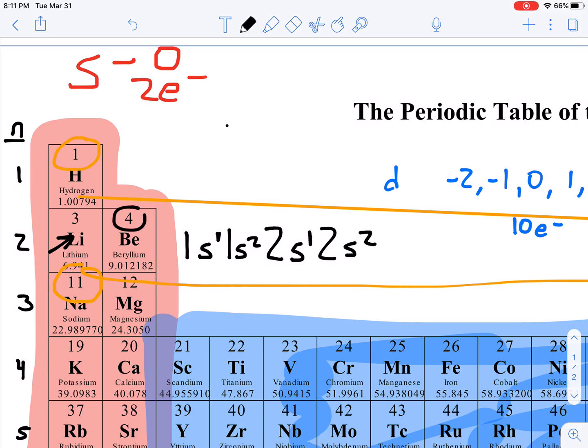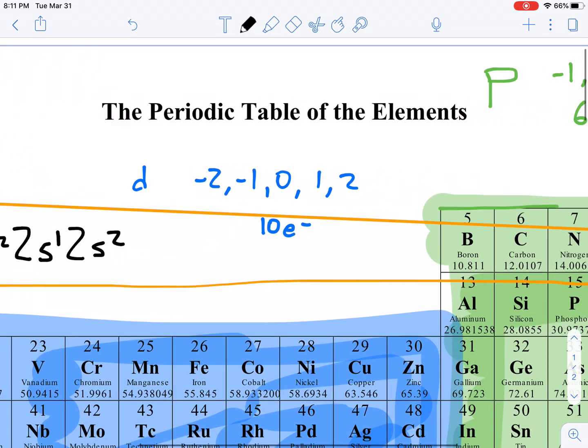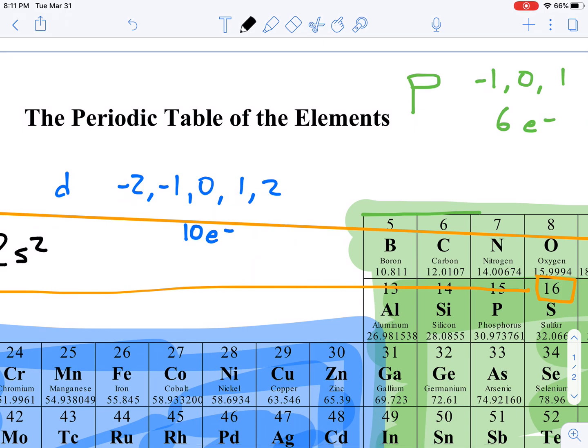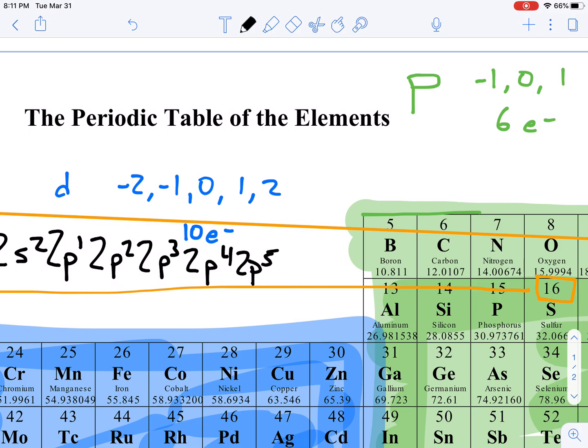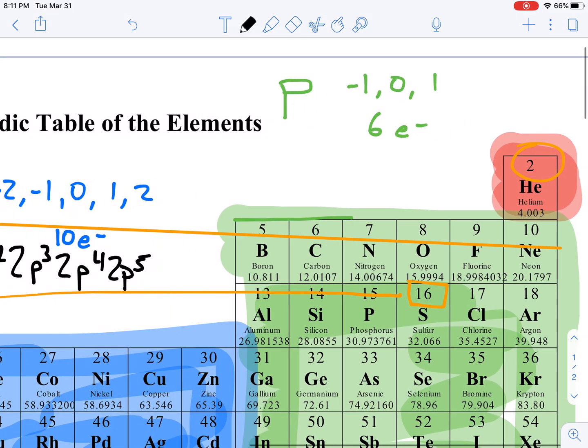After beryllium, number 4, we have to come on over to boron, number 5, right? So that is in the second energy level, P sublevel, element 1. Carbon is 2p2. Nitrogen is 2p3. Oxygen is 2p4, 2p5, and all the way over to neon is 2p6.